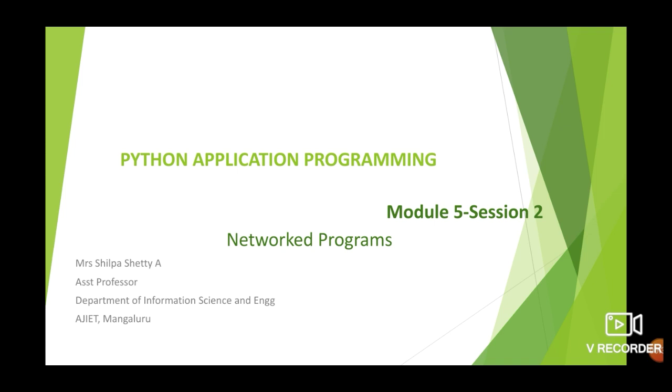So in this session we will be discussing how to retrieve web pages by using a library called urllib. Also we will discuss how to retrieve a binary file, which is either an image or a video, by using the library urllib.